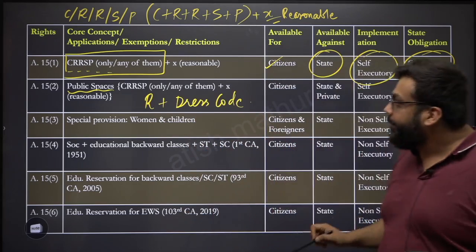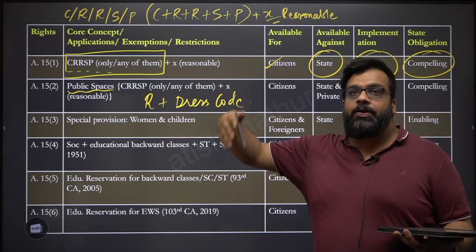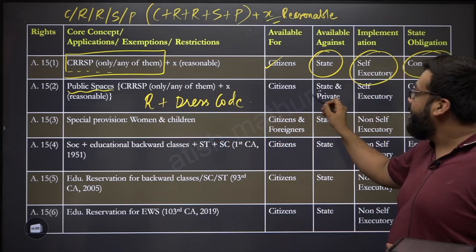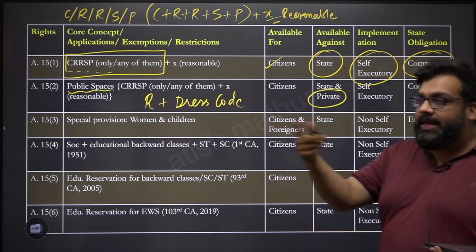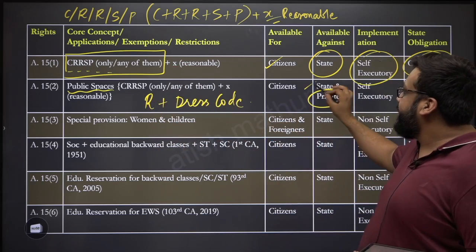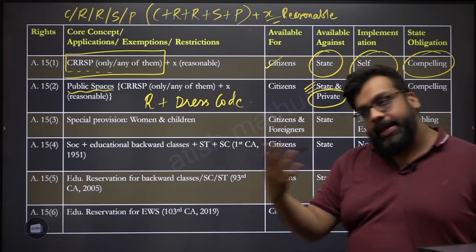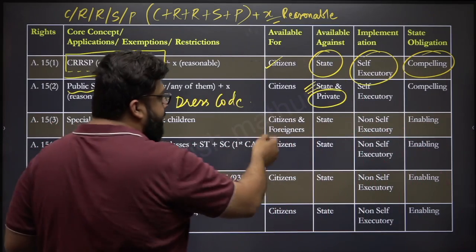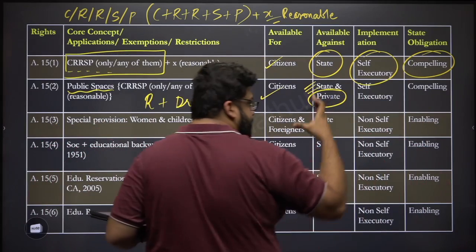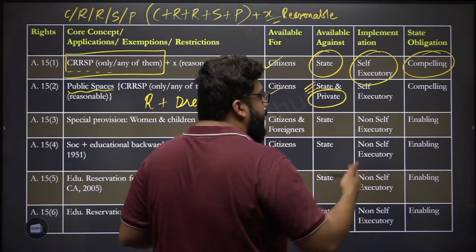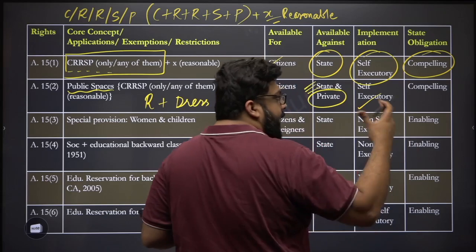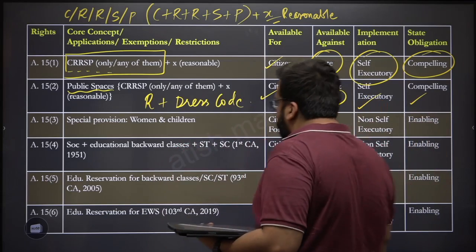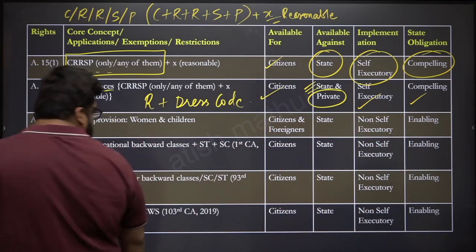But interestingly, because this restaurant or a hotel or a shop could be privately owned, technically by jurisprudence, this right could actually be available against the state as well as against private parties. Otherwise available for citizens. This is self-sufficient in its own way. You don't need supporting law for this, and the government has to maintain minimum standards to do this, right?